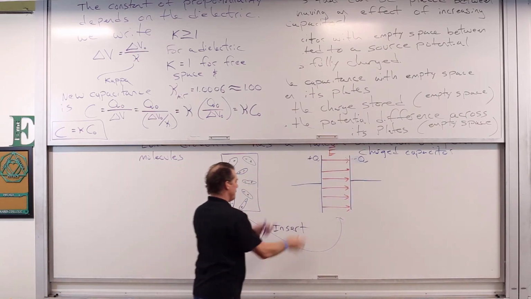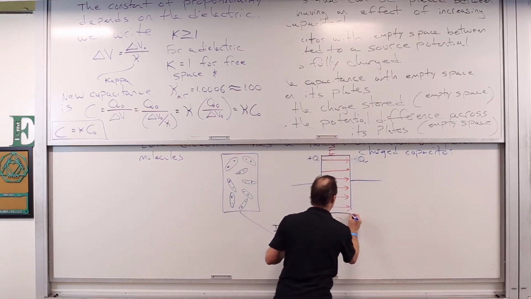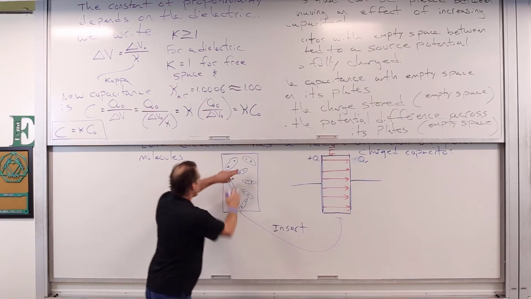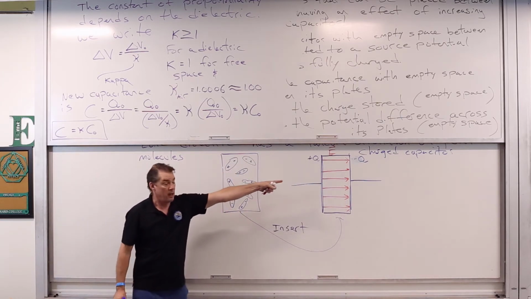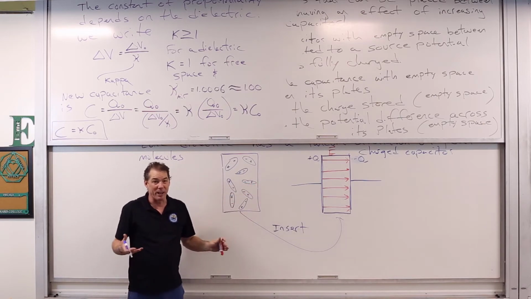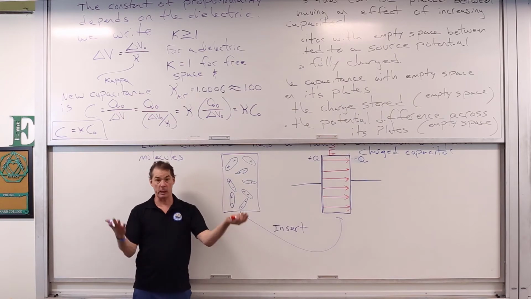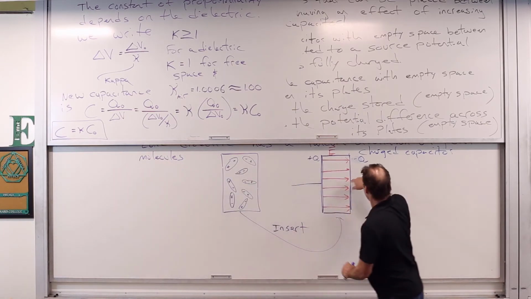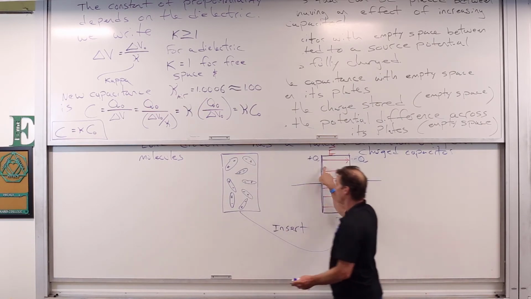We stick this in between now. What happens with these? Well, now these polar molecules are subjected to an electric field. And what do they want to do? They want to undergo polarization shifts, if possible, to some degree, such that the positive wants to shift towards the negative side, and the negative wants to shift towards the positive side over here.